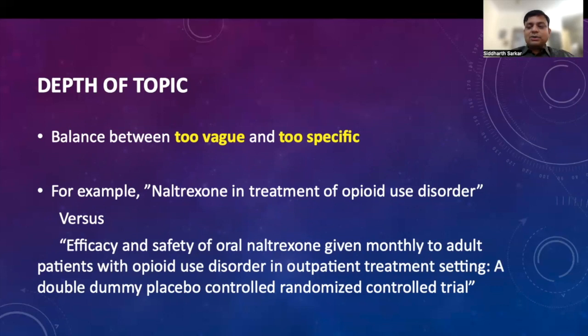Coming to the second topic posted here, efficacy and safety of oral naltrexone given monthly to adult patients with opioid use disorder in outpatient treatment setting, a double dummy, placebo-controlled, randomized controlled trial, it's quite a mouthful. And it's too specific. Probably you do not need so specific a topic. So it should be a balance between being too specific and too vague.